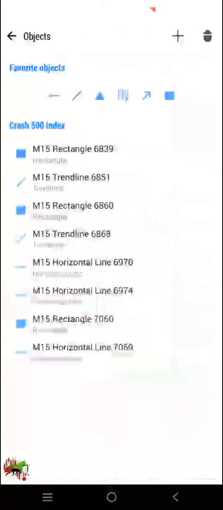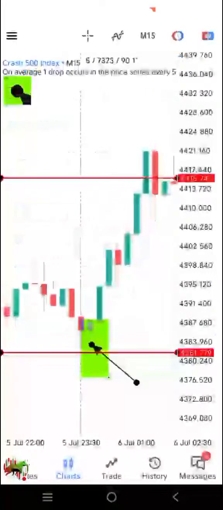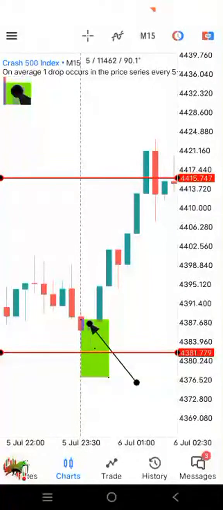And this hammer pattern also has a wick 2 times or 3 times bigger than the body, and there is no wick in front of this hammer's mouth. There is no type of wick. So this is a very solid hammer, because in front of its mouth there is no wick.